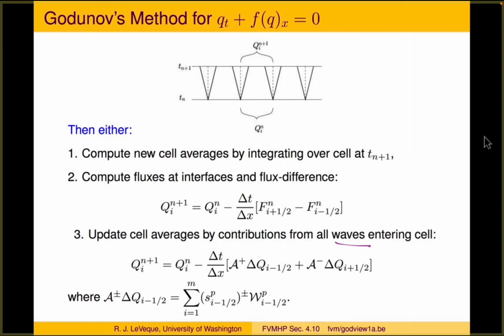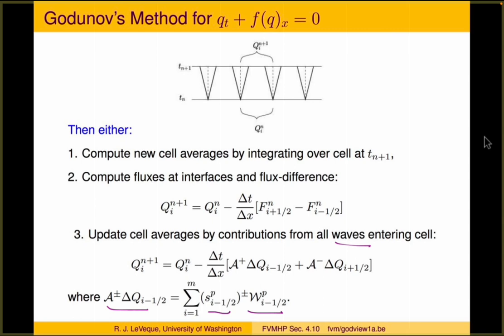We'll talk more about this notation later, but we can define this A^+ or A^- delta Q as basically the sum of all of the waves that are going to either the right or the left, for the plus or the minus, multiplied by the positive or negative part of the wave speed.